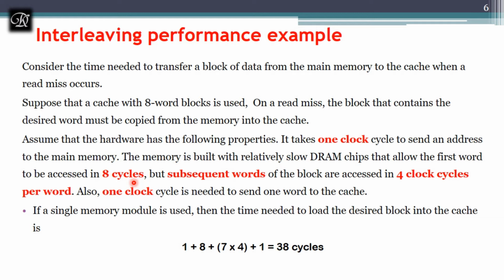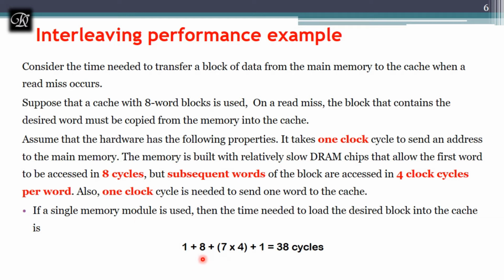And finally, we need 1 clock cycle to send the word to the cache. 1 clock cycle to send the address, 1 clock cycle to send the data. To locate, we need 8 clock cycles for the first word, and for the remaining 7 words we need 4 clock cycles each.